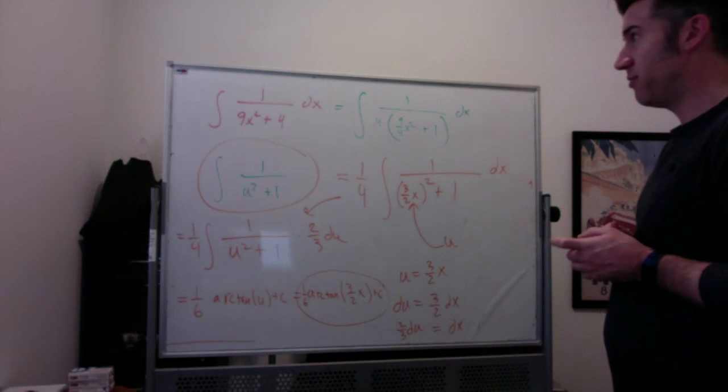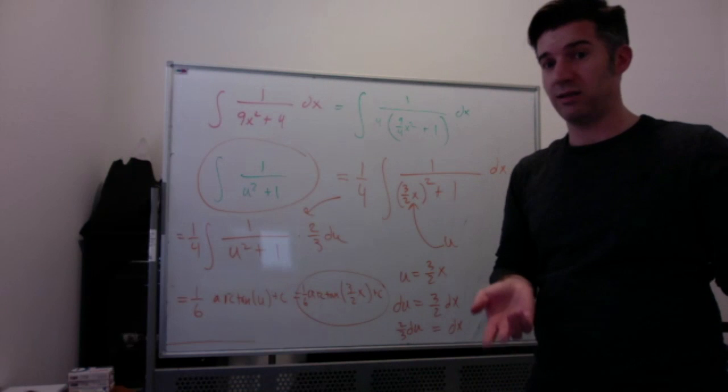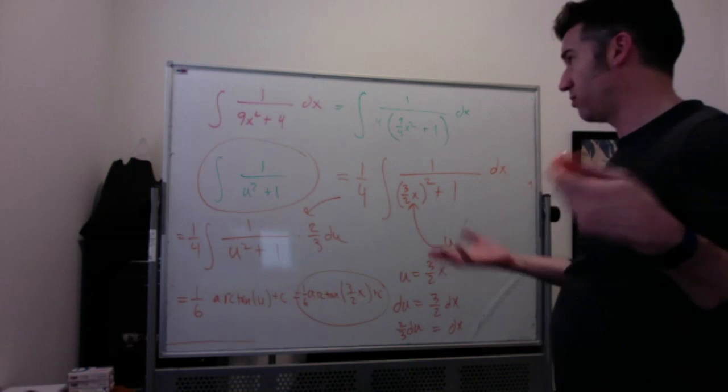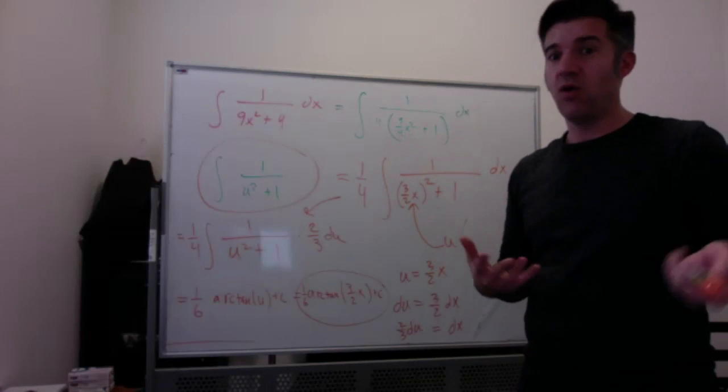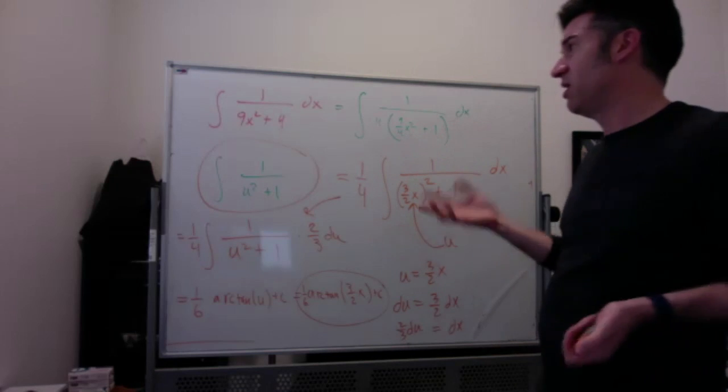That said, I would definitely recommend, if you're allowed to use a table of formulas for things like arctangent of ax squared plus a squared or whatever, I would definitely do that.